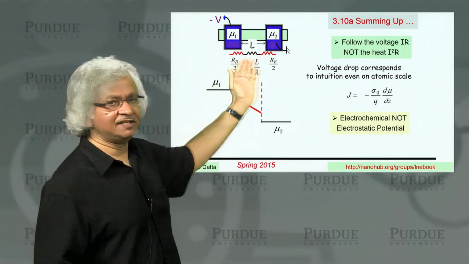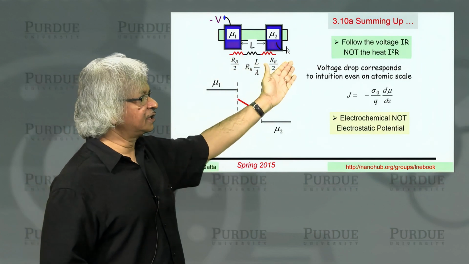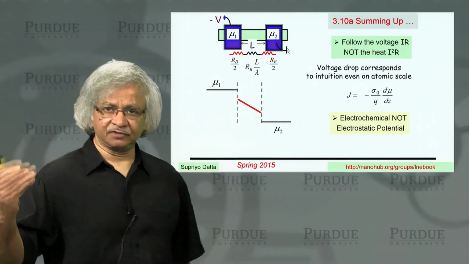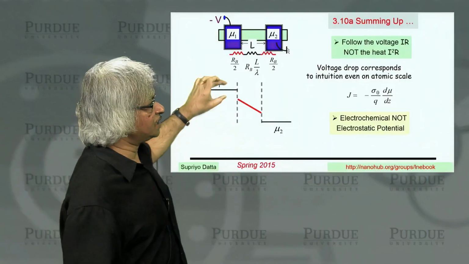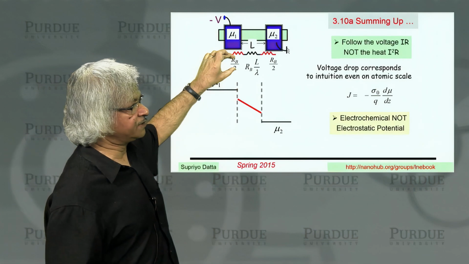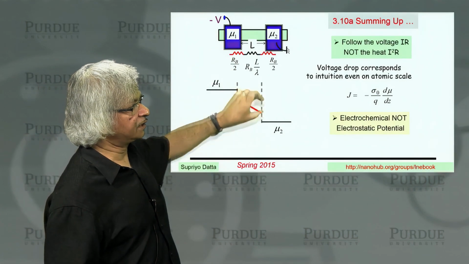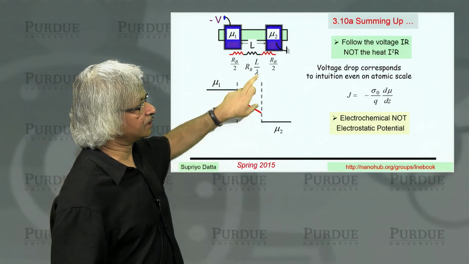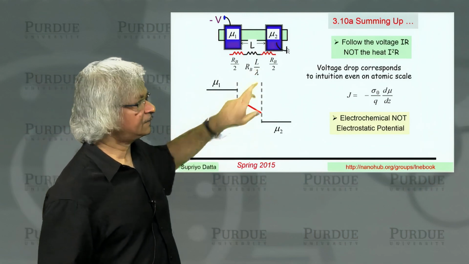This is like a series circuit. When a current flows, there's a voltage drop associated with each resistance, current times resistance. So anytime you see a voltage drop like this, there must be a corresponding resistance. The voltage drop here corresponds to that resistance, and this linear slope here corresponds to the channel.